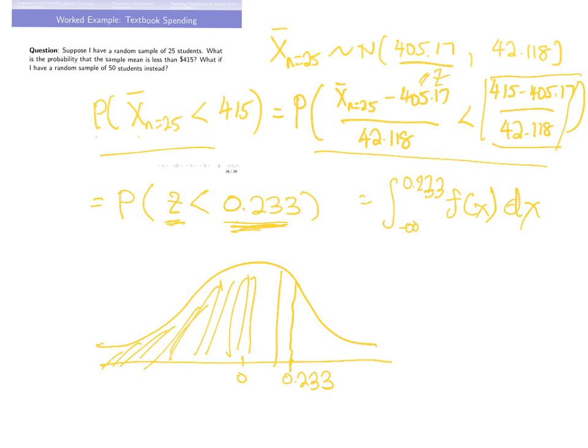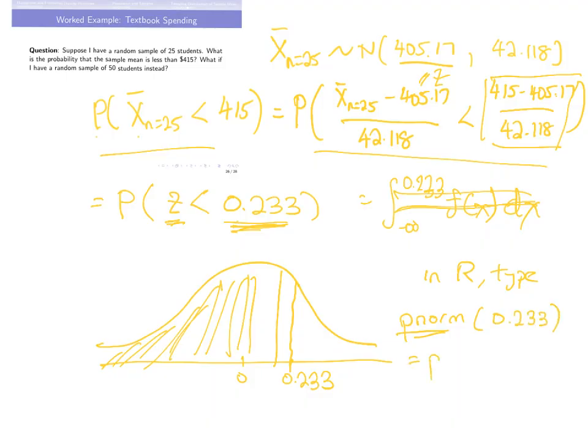This would be done in the good old days. The good thing is, there is software that allows us to compute these values. The way to find this value is you could use R. In R, we will type pnorm. The function that we use is pnorm, and then you just input your z-score.